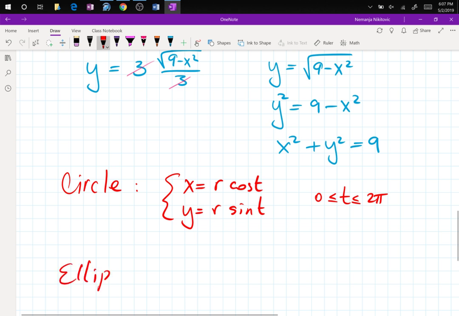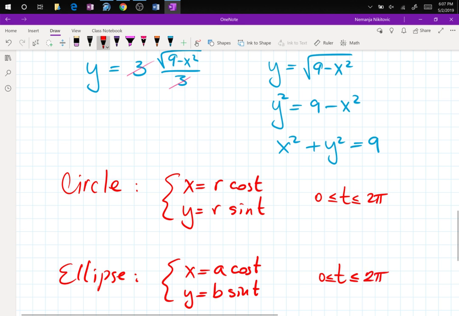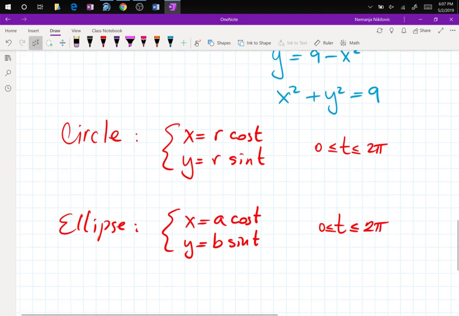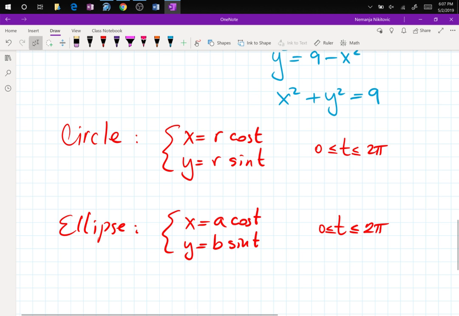An ellipse is going to be x equals a cosine t, y equals b sine t, because it has two different values to make an ellipse. So these are the ones that are not obvious.